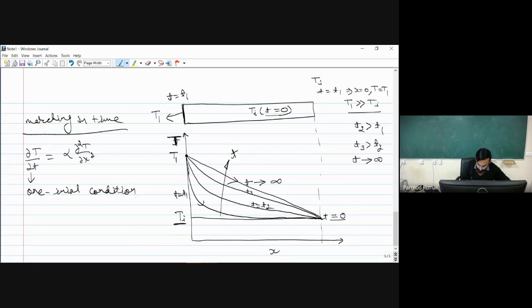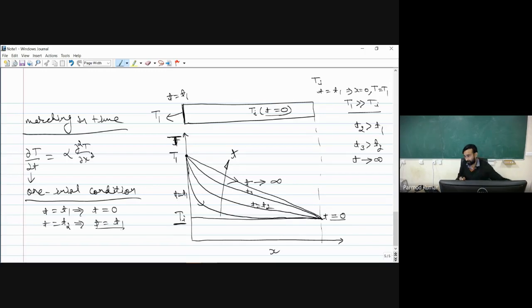Whatever solution we have at time t equal to t1 depends upon the solution at time t equal to 0. Similarly, whatever solution I calculate at time t equal to t2 depends upon the solution at time t equal to t1.